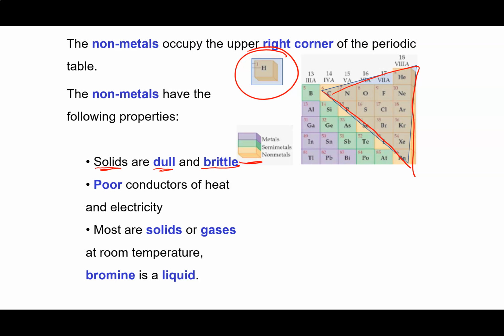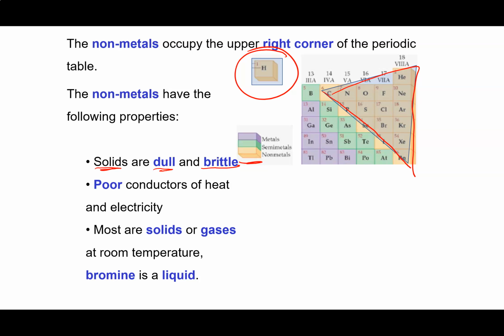They tend to crumble if we try to bend them or stretch them. They're not good conductors of heat or electricity. If you try and pass electricity through them, either nothing happens or they just get hot and burst into flames. If you put them on a hot plate, the heat doesn't conduct through them very well at all.